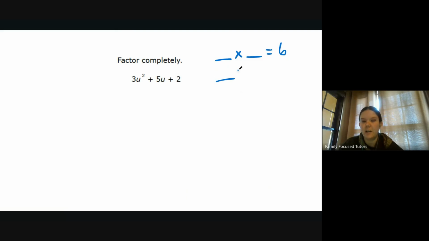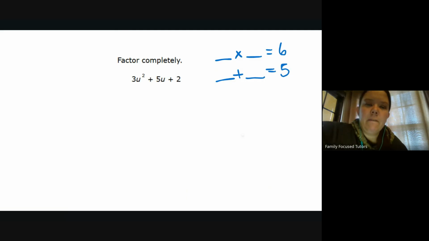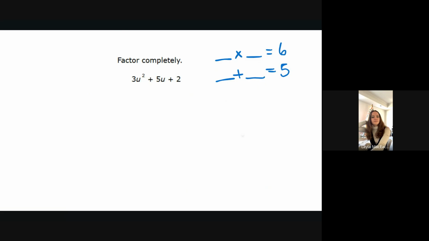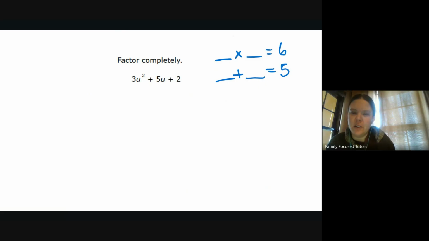And those same 2 factors are going to add up to give us our B, which is 5. It's 3 and 2. 3 times 2 is 6, and 3 plus 2 is 5.